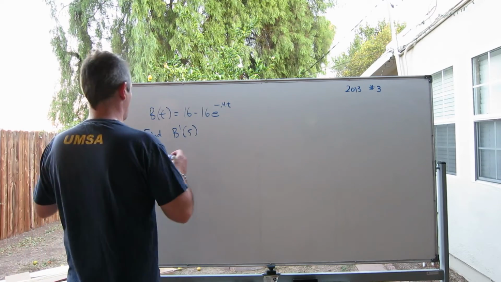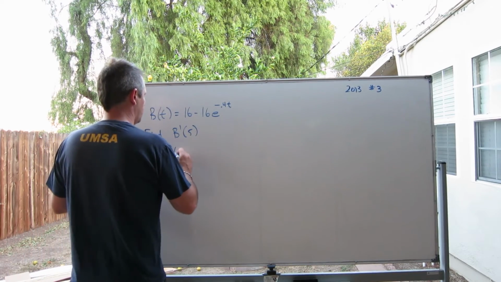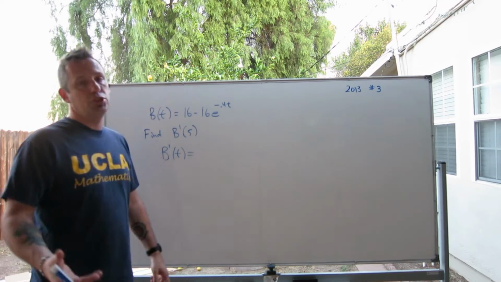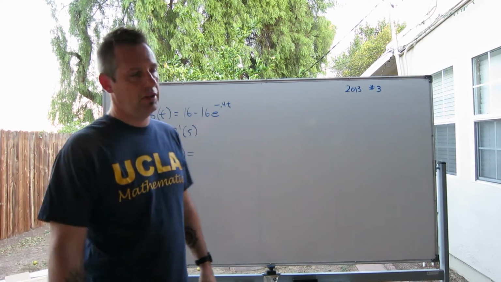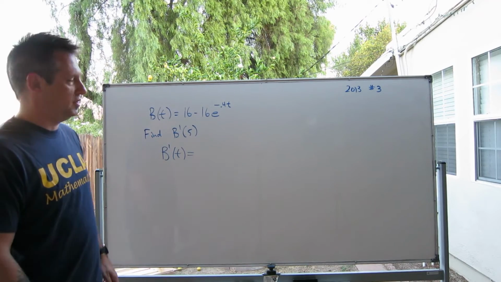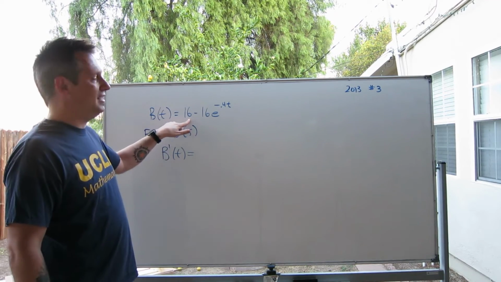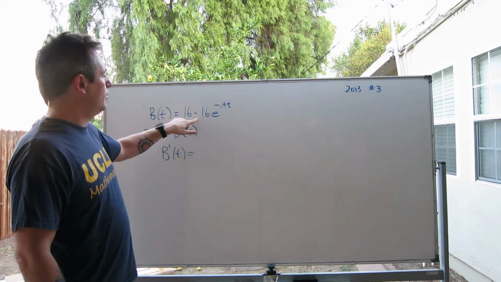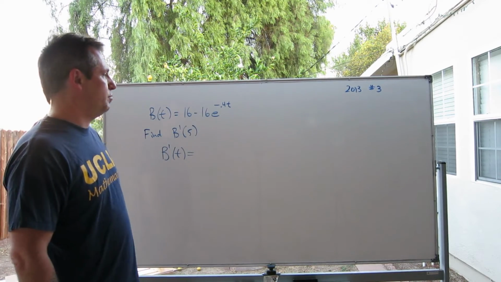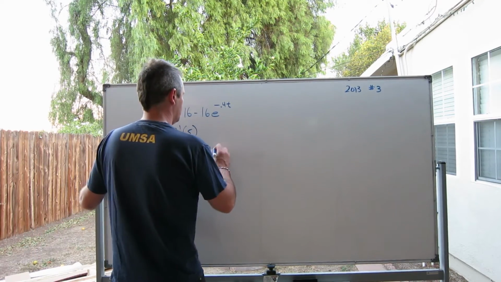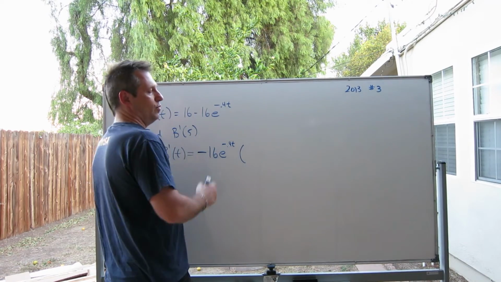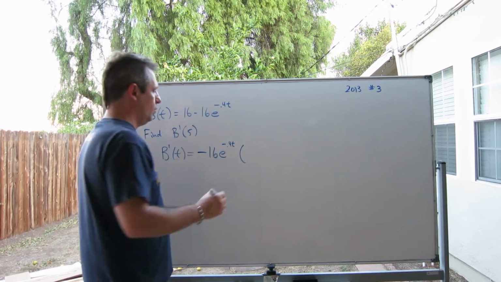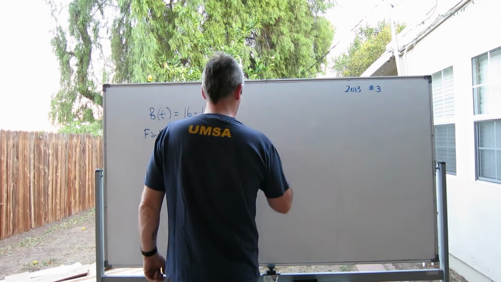So this is a straightforward problem. B prime of t is what we calculate first. I should note that this is in the beginning of the AP exam, so you even have a calculator for this. I'm going to actually do it by hand, because why not? The derivative of 16 is 0. The derivative of negative 16e to the negative 0.4t would be negative 16e to the negative 0.4t times, by the chain rule, the derivative of the exponent, which is negative 0.4.